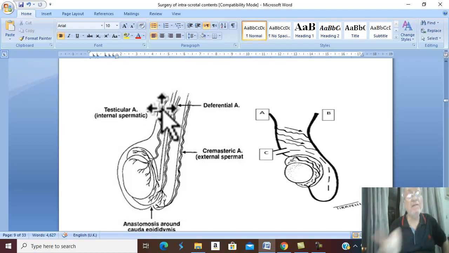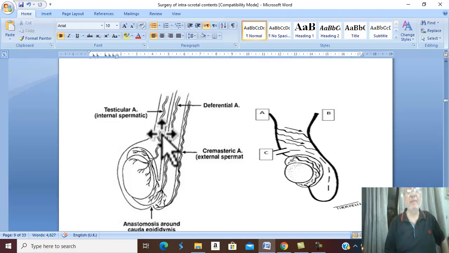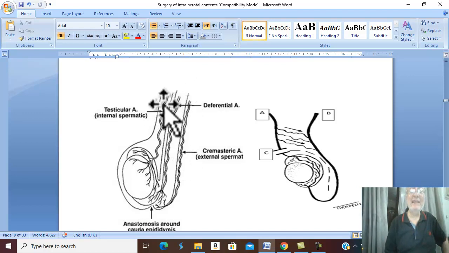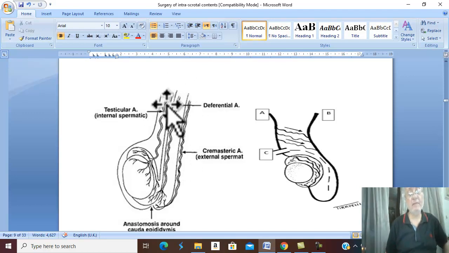Therefore, if there is good, perfect anastomosis between testicular vessels and the artery to the vas mainly, and the cremasteric artery also, we can ligate and divide the testicular artery.